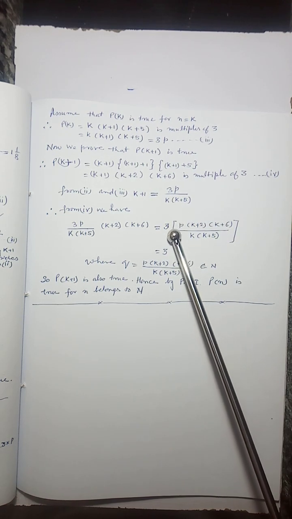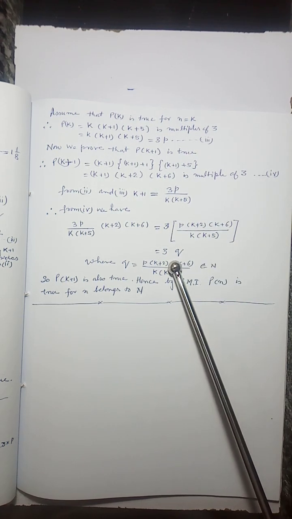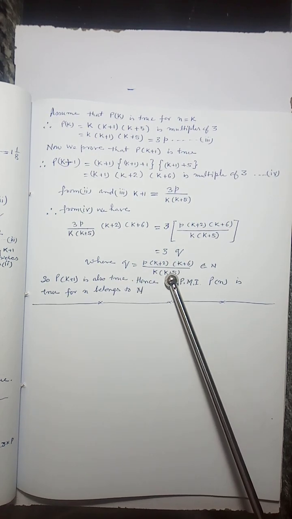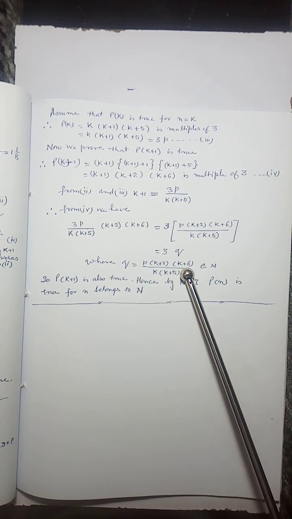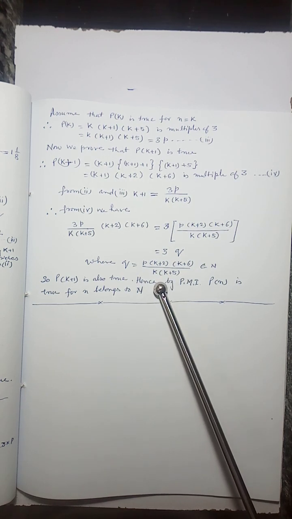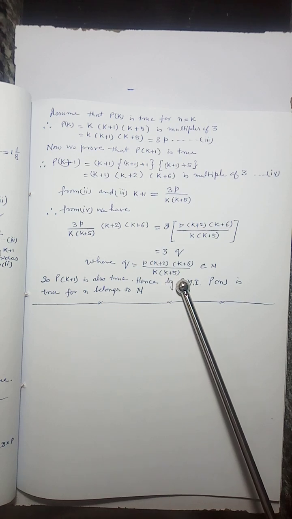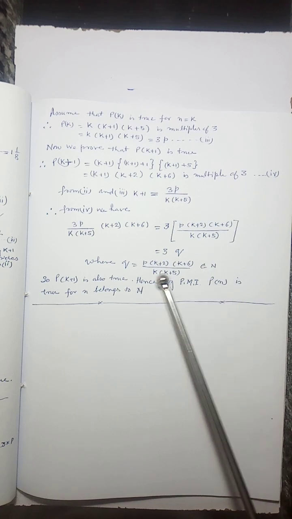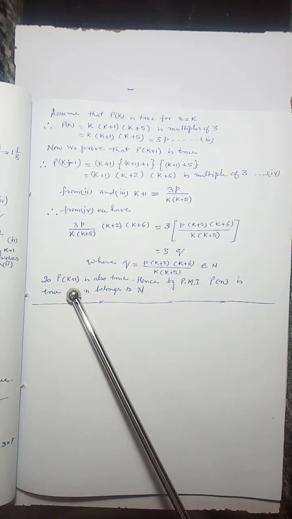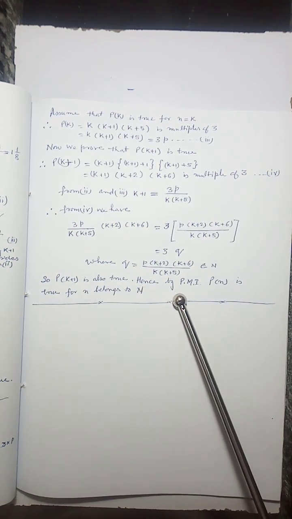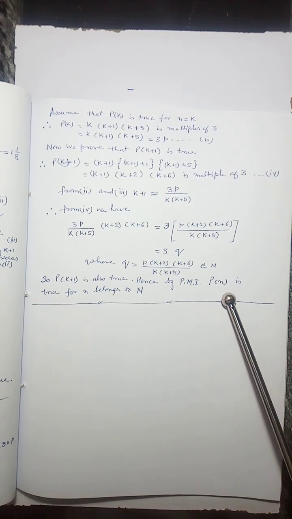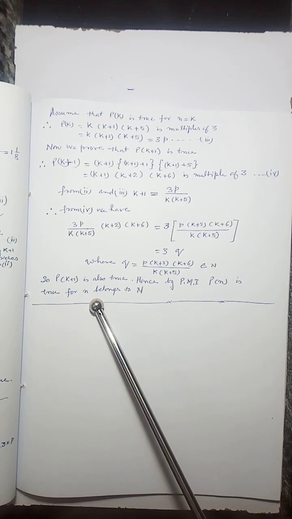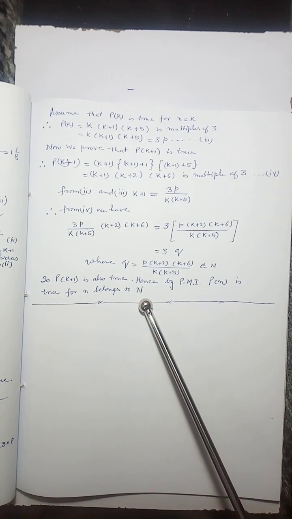So the bracket, I have taken it as q, where q is equal to this, that is p(k+2)(k+6) whole divided by k(k+5), and it belongs to natural numbers. So P(k+1) is also true, hence by the principle of mathematical induction, P(n) is true for all n belonging to natural numbers.